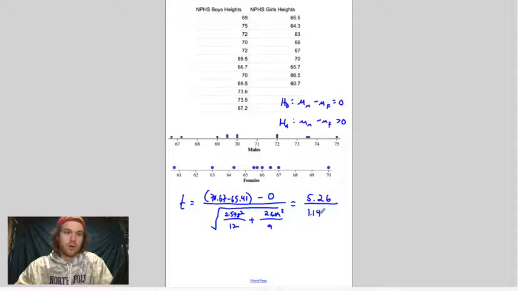We get a t value here of 5.26 divided by this number, which is 4.595.